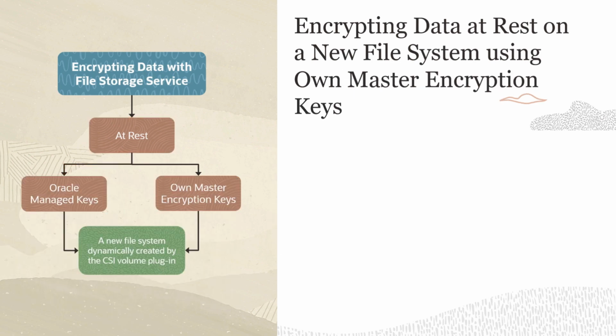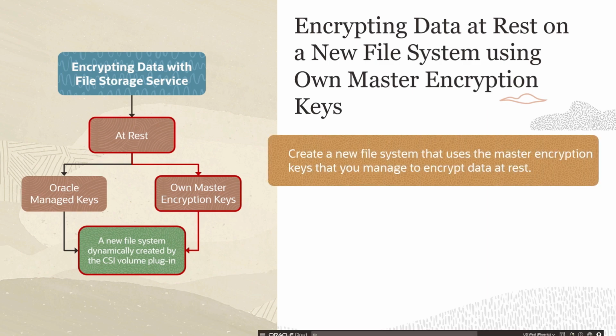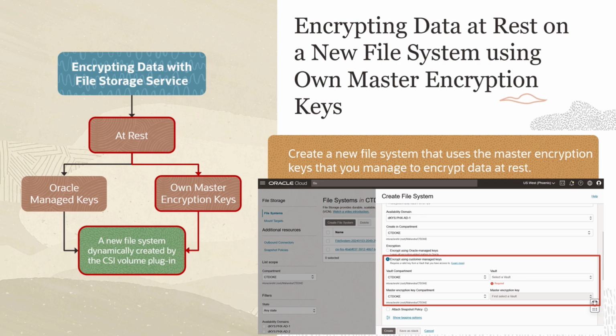rest. For those opting to encrypt data at rest on a new file system using their own master encryption keys managed in the OCI Vault service, a straightforward procedure is available. Firstly, create the new file system using the option of encrypt using customer managed keys. This signifies your intent to utilize user managed keys for encryption.